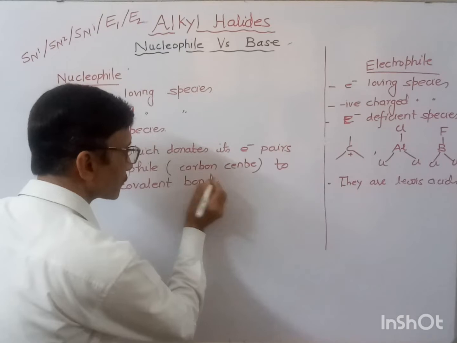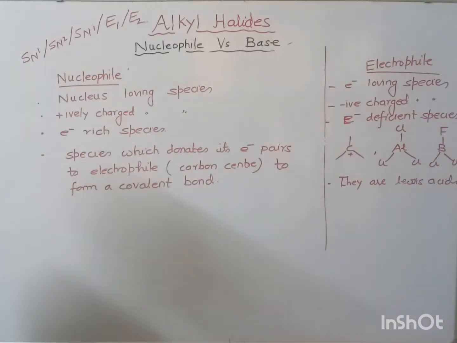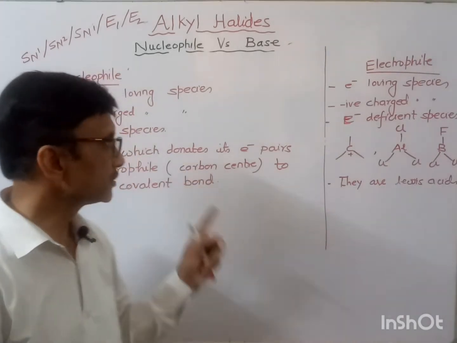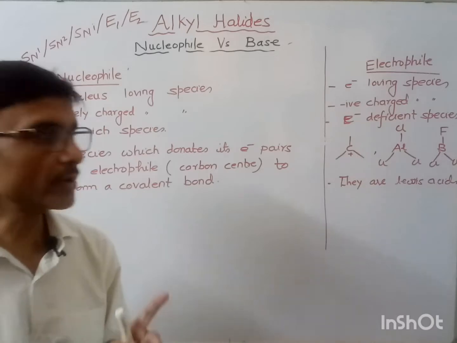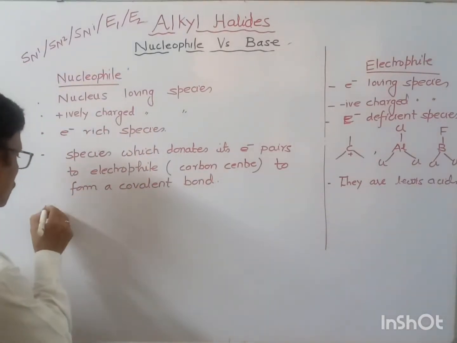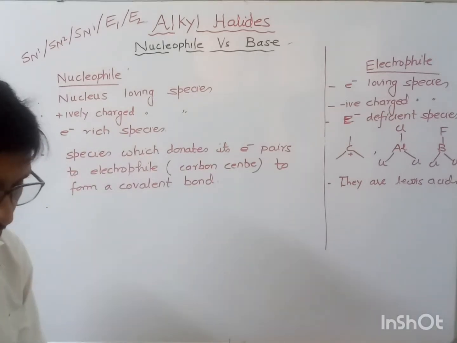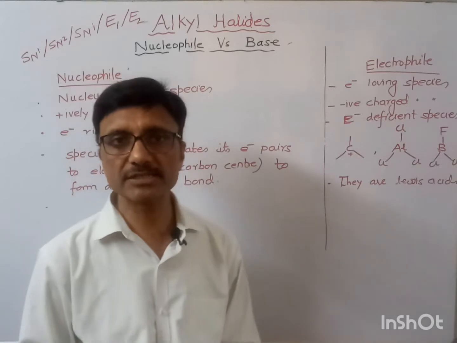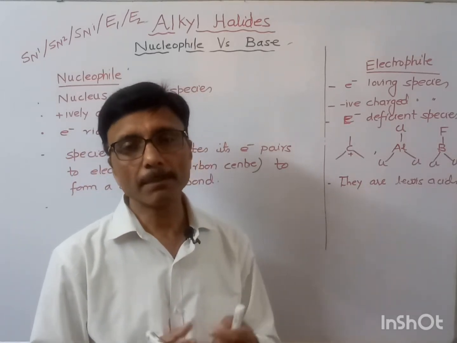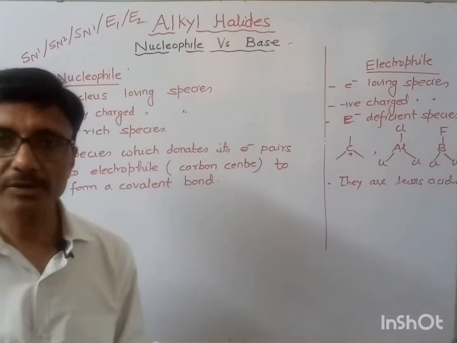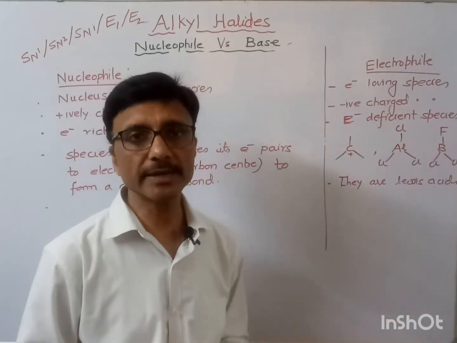So this is the nucleophile, and because it donates its electron pair, that's why it may be called a Lewis base. We know the Lewis acid-base definition and the Bronsted acid-base definition. By the Lewis acid-base definition, Lewis bases are the species which can donate their electron pair.